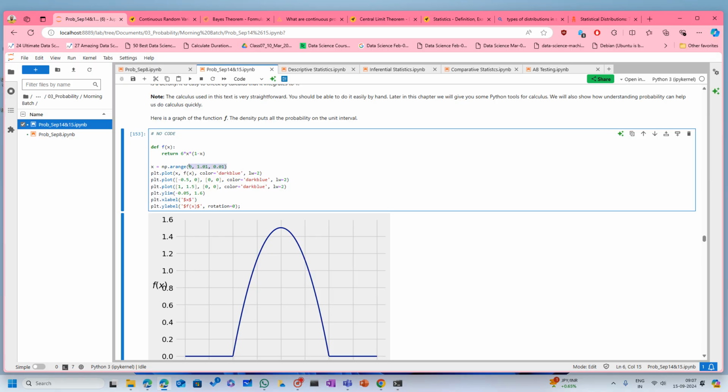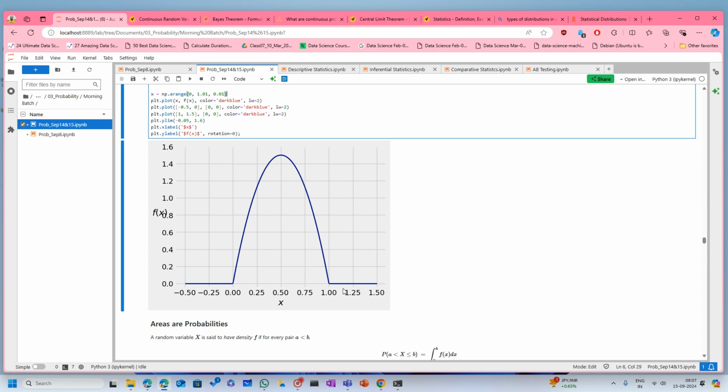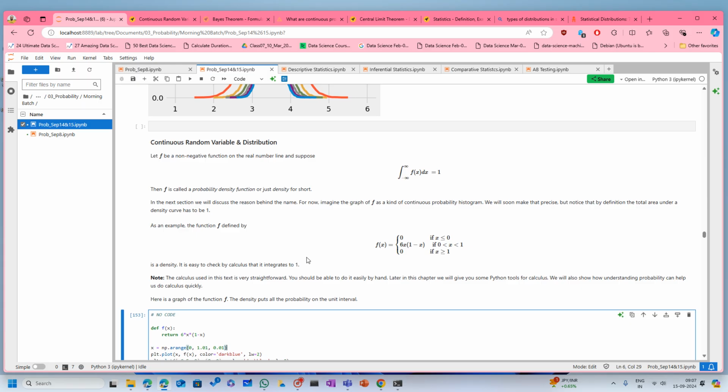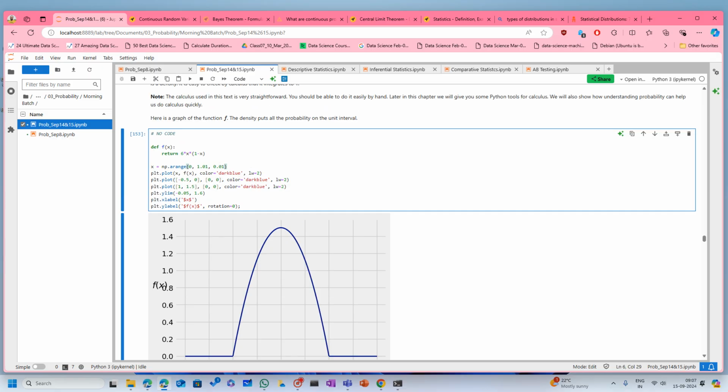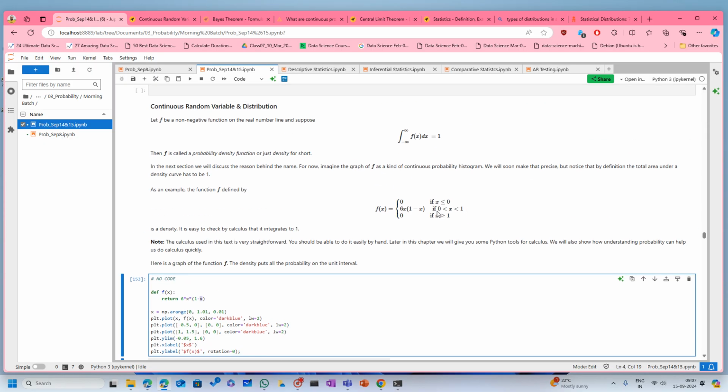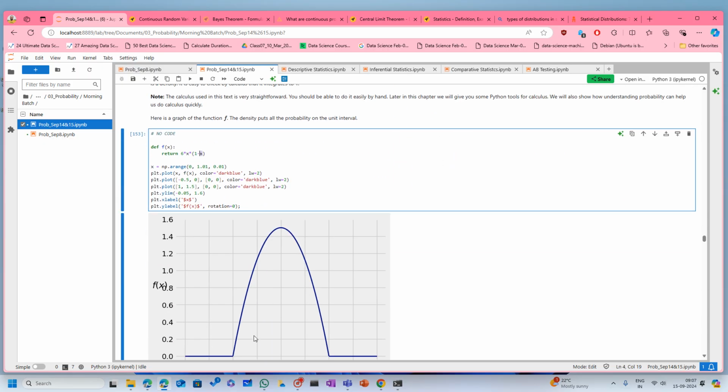For this function we will plot by taking x values. When you do that, you will get this plot. If you notice on the left side, what we essentially are saying is, for any decimal value of x between 0 and 1, it could be 0.00001, 0.00025, whatever the values are, all those probabilities will fit in this curve.